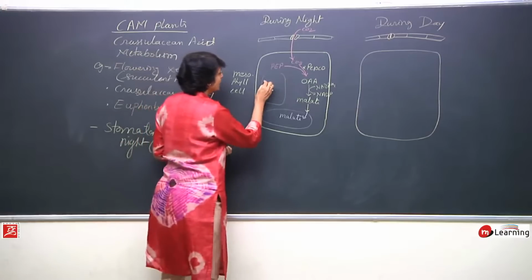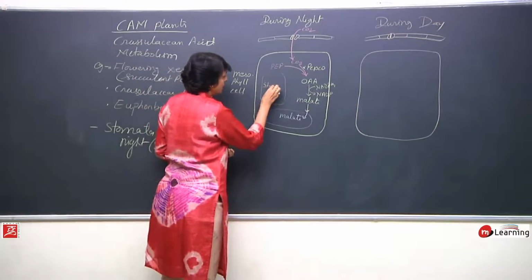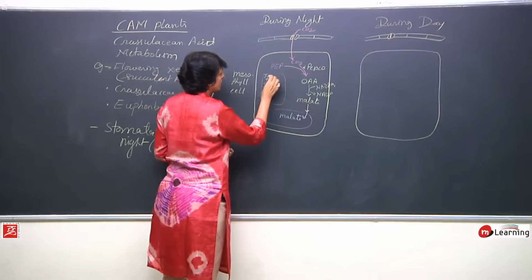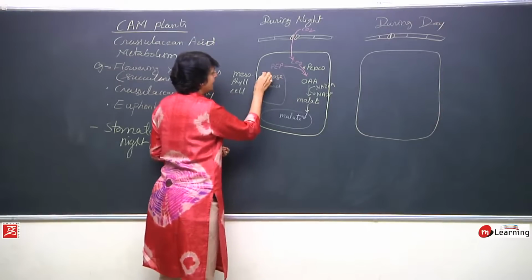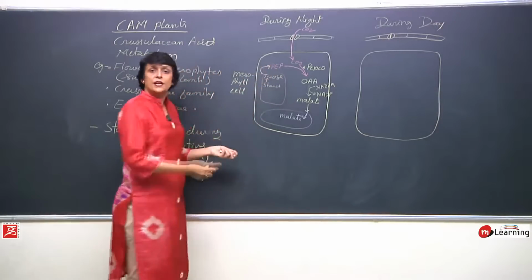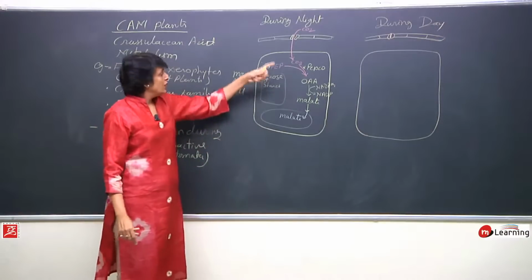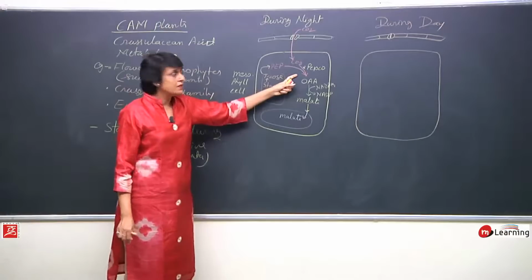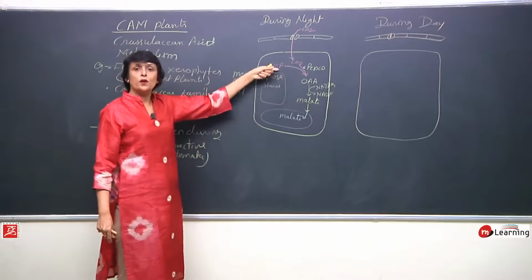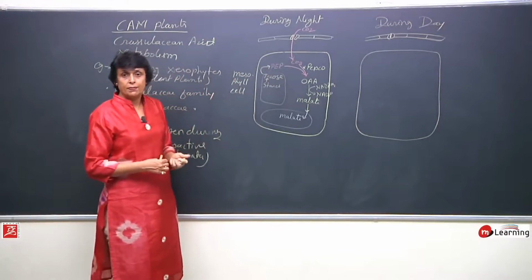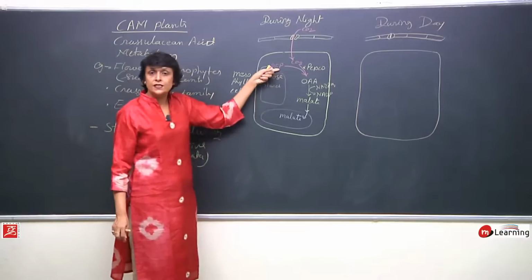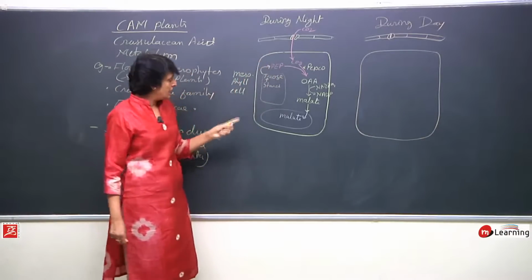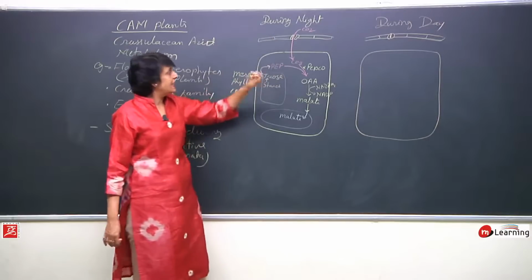So from chloroplast, this starch dissociates into a triose sugar, and this triose sugar keeps regenerating PEP, so that during the entire night when stomata are open, carbon dioxide is diffusing in, there should be phosphoenol pyruvate to accept it. So in case this number is less from starch, it can be regenerated. This is going to take place during night time.